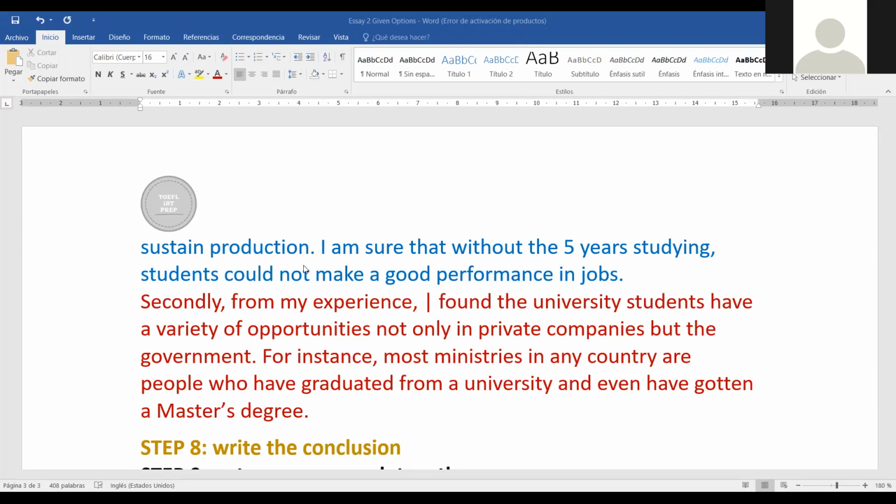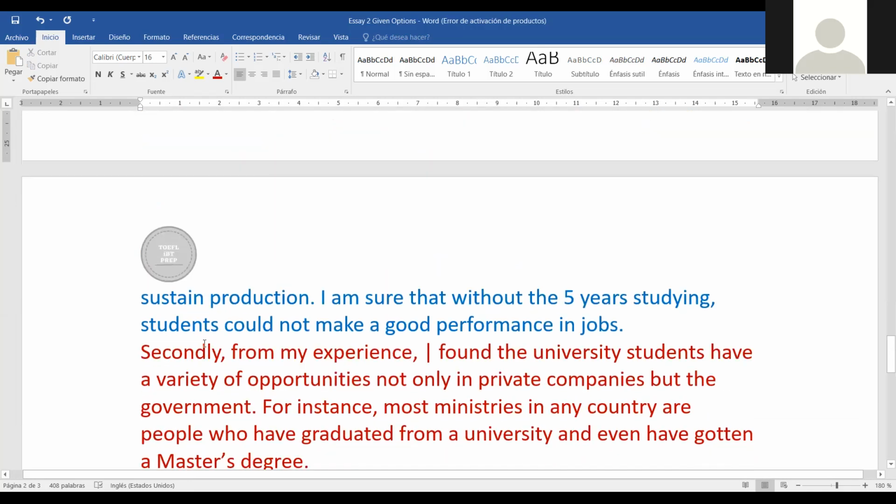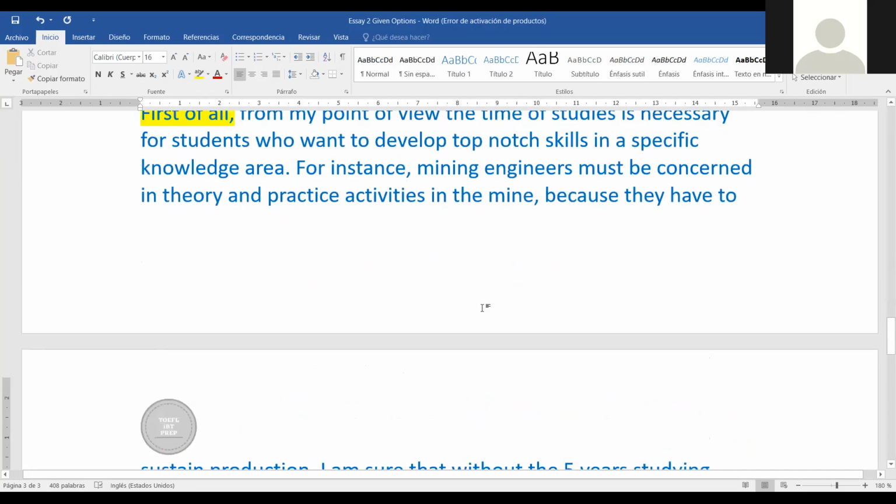So these are my first two paragraphs. Remember, as I told you, use the transitions. Like for example, here is "first of all." This gives a clear idea to the reader that this is my first reason. It is very obvious. You can do it better. You can put other more complicated expressions because this is basic. "Secondly, from my experience," and I am supporting my ideas.